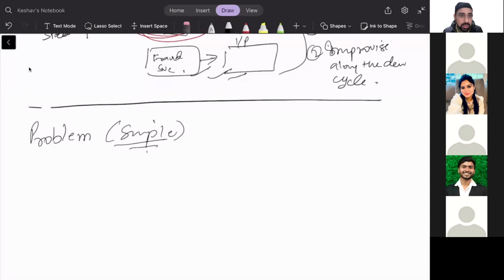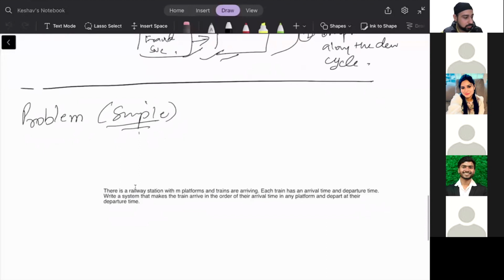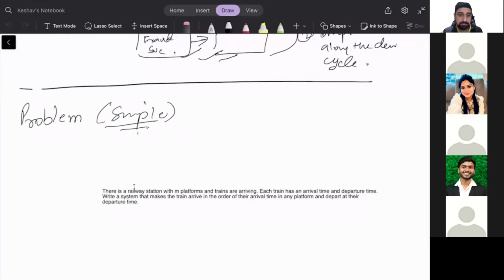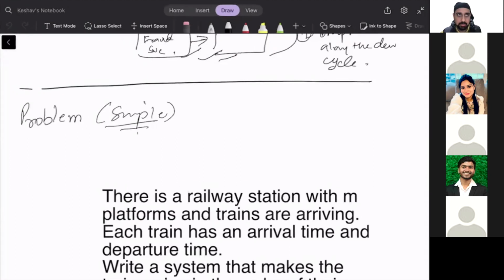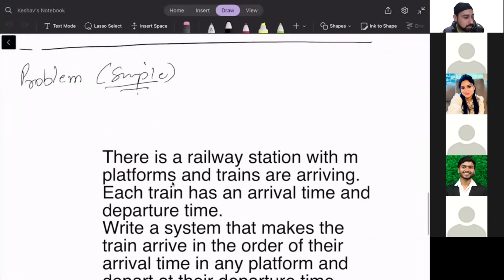Can you guys see the problem? Perfect. And I'm also pasting the same problem in the other place.